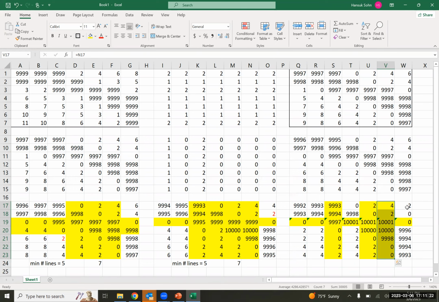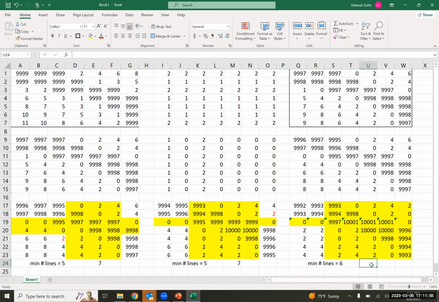I think we need 2 more, right? So let me just draw this vertical line. So I used 6 different lines, right? So the minimum number of lines this time would be 6.